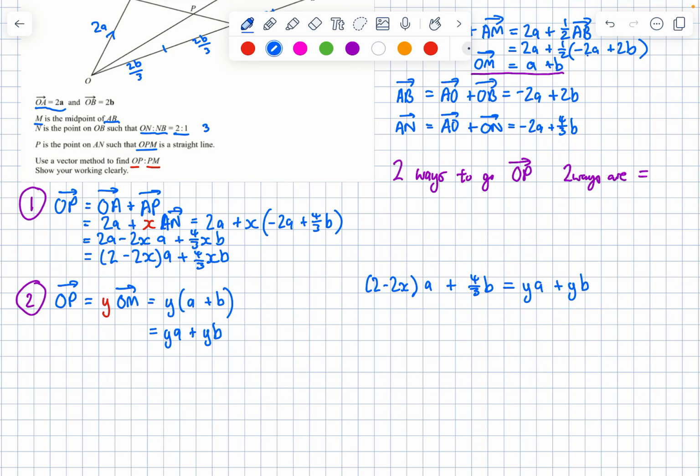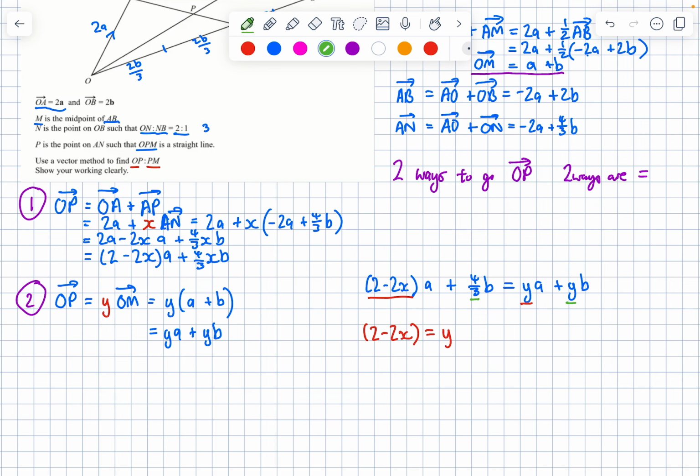Now what I'm going to do is compare the coefficients, the thing that's multiplying a, and then compare the coefficients, the thing that's multiplying b. So for a, 2 minus 2x is equal to y.